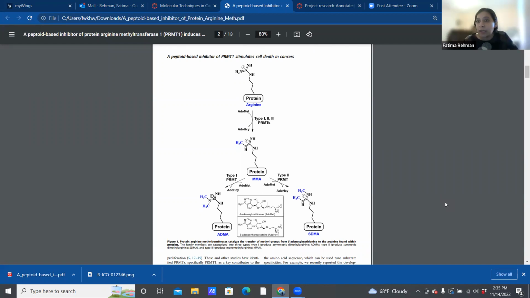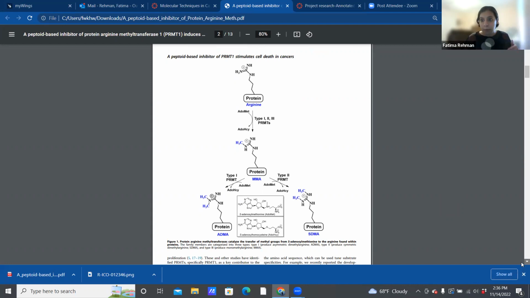So depending on whether it is a type 1 PRMT or a type 2 PRMT will lead to different conformation of that protein at the end of the day, right? Everyone good with that? This figure's main message is that depending on what type of PRMT you're working with, it's going to give you a different product. And one of them may be more stimulated in cancer and one of them may be more in normal cells.